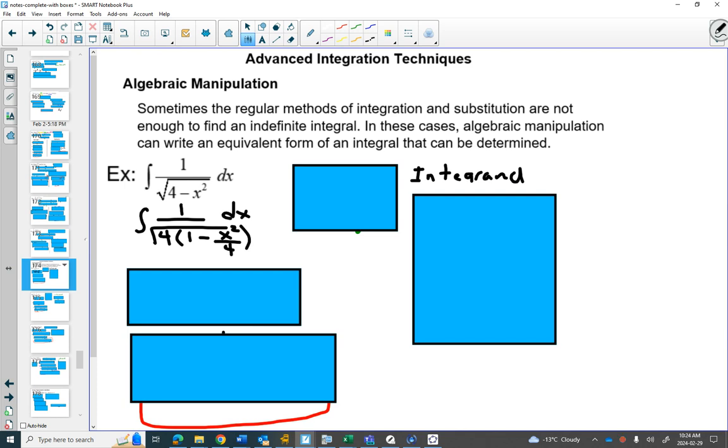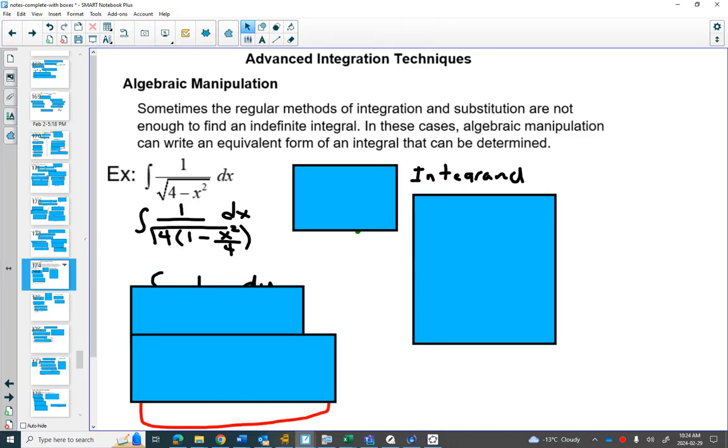Are you okay with that factoring out of a 4? Now factoring out that 4, using your rules for square roots, I am going to write it bigger.